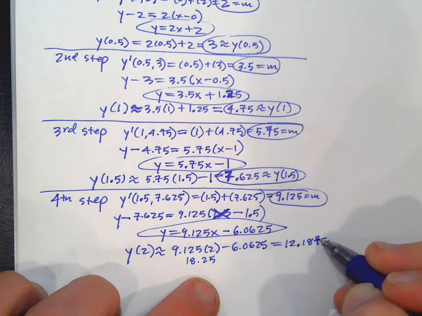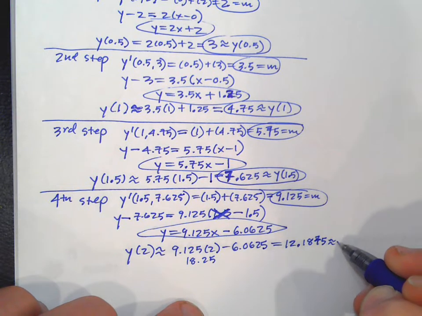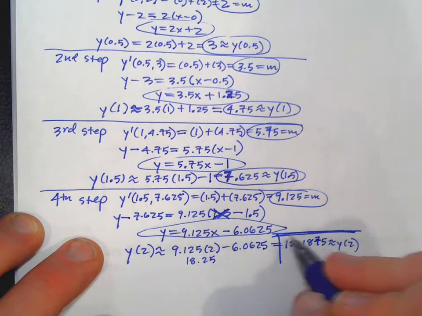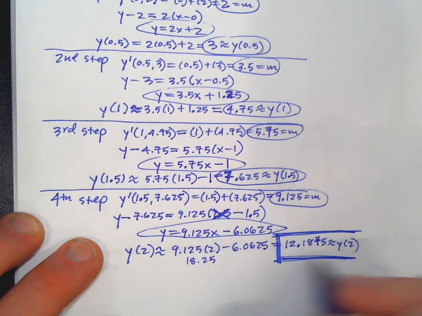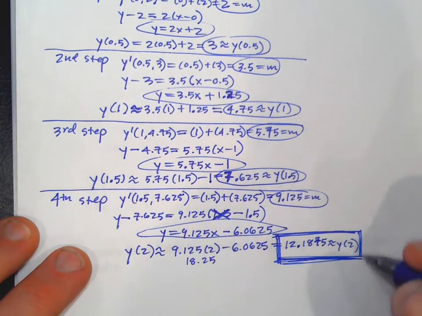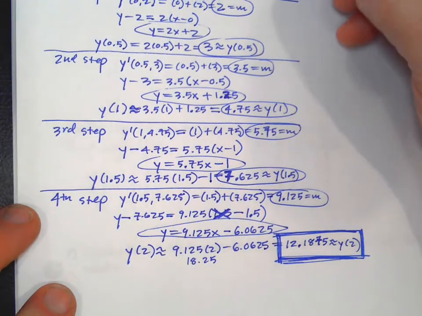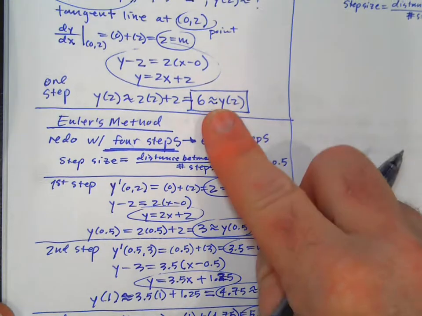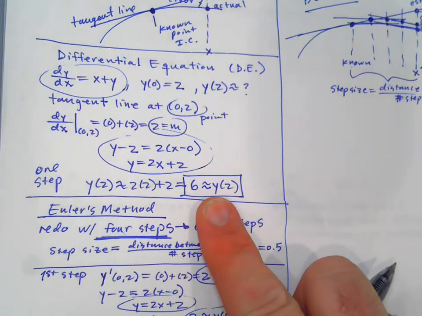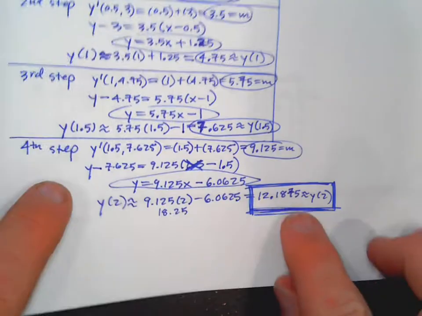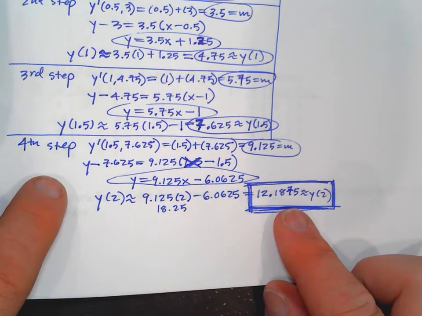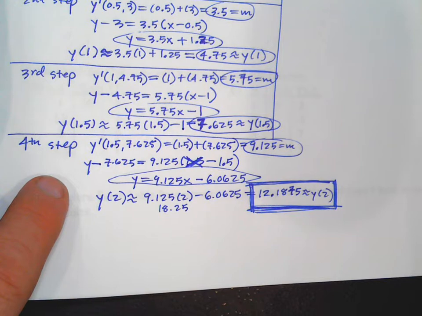I think I actually pulled that off in my head, even though I cheated on a couple others. So this is your final answer, okay? Your estimate for y2. So we estimated the same thing that we estimated last year with 1 step. We got 6. With 4 steps, we got 12.1875. I mean, that's a big difference, right? I feel like that's a big difference, okay?